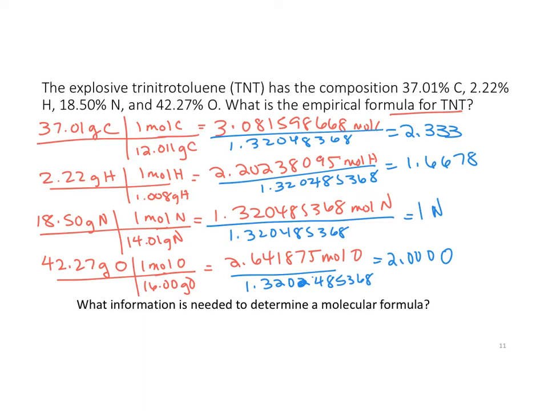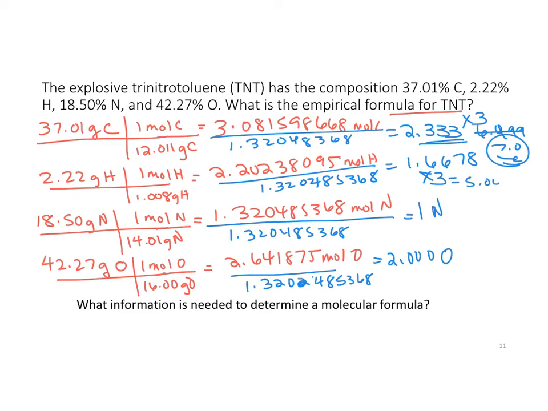are not whole numbers, and could we multiply them by 3 with the 0.3? 2.333 times 3 is 6.999, which would be 7. So what we do to 1, we got to do to all of them. So that's 7 carbon. If we multiply this by 3, does that work out? 1.6678 times 3? Yes.